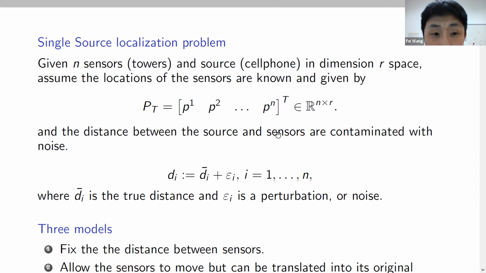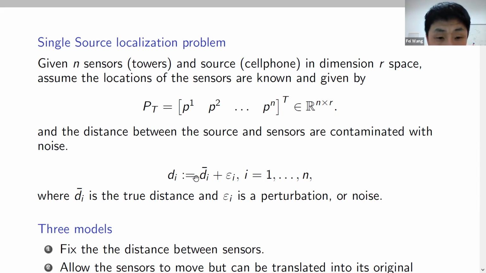We assume that the locations of the sensors are known and given by this matrix P transpose, and that the distances between the source and the sensors are contaminated with noise.